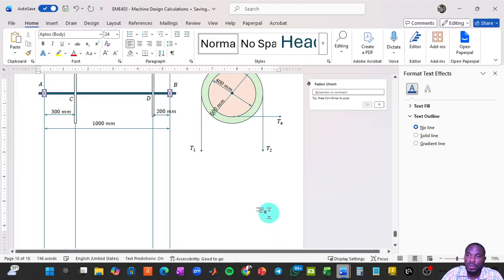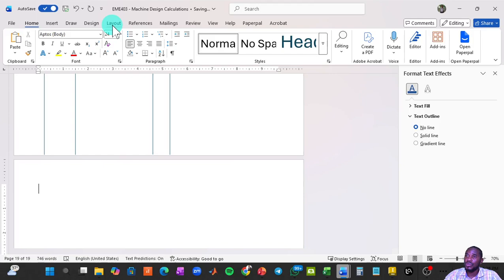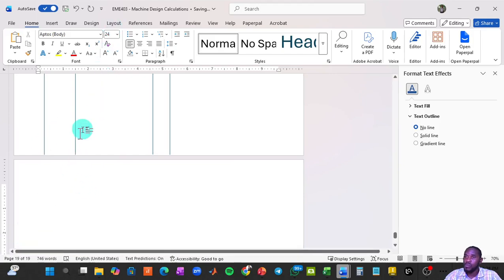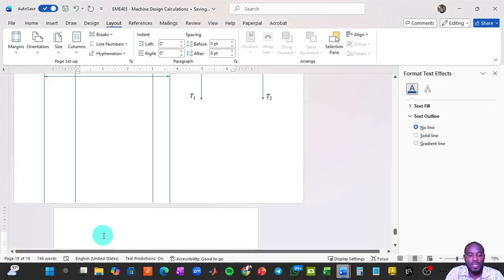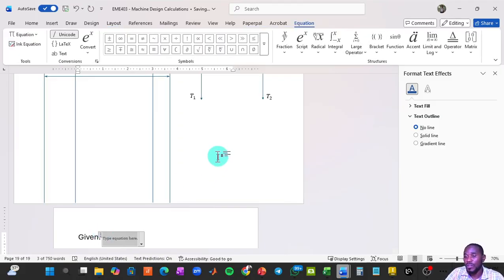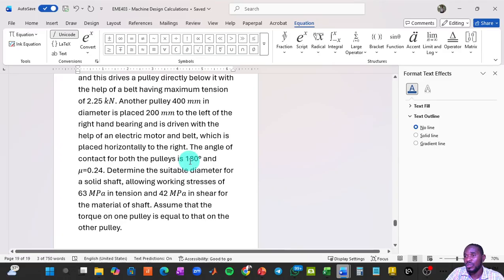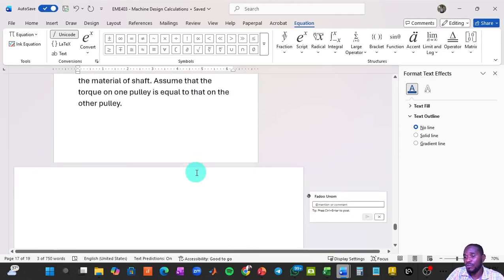I want this on the new page, and this new page I want in portrait. All right, so what have we been given? The first thing that we were given was, let's go one by one. Taking that one, we can take this one as the diameter of the pulley.